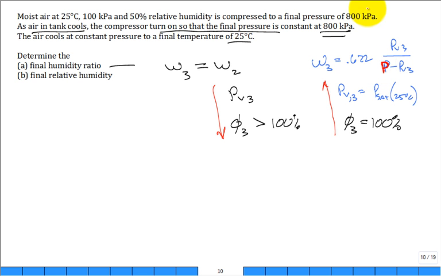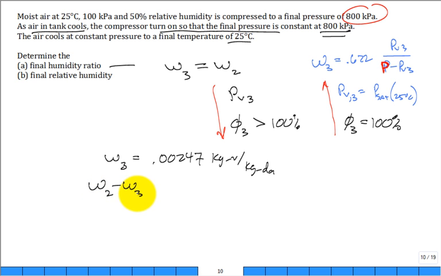It is your 800 kilopascal. Omega 3 comes in at 0.00247 kilograms of vapor per kilogram of dry air. The difference, omega 2 minus omega 3, is actually how much liquefies.